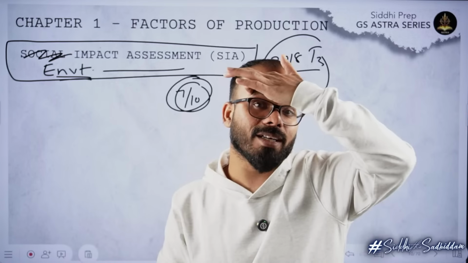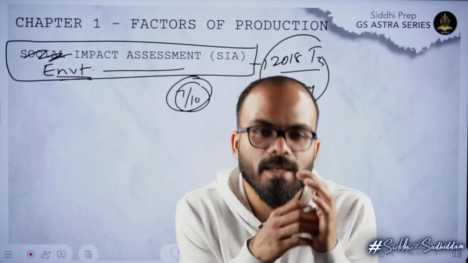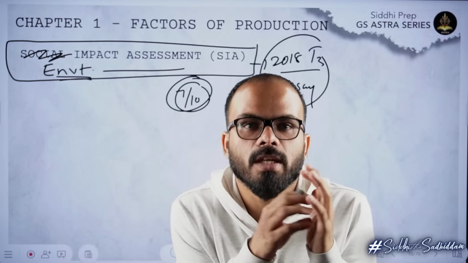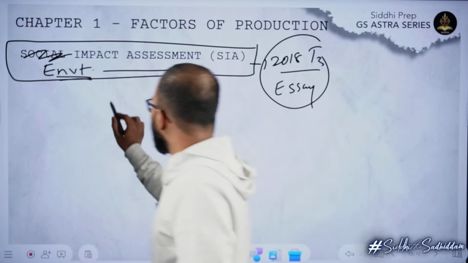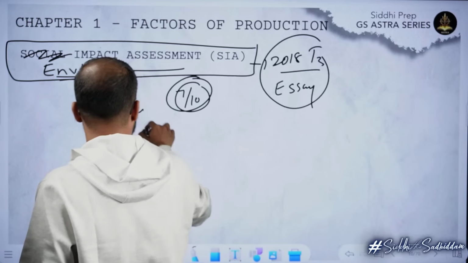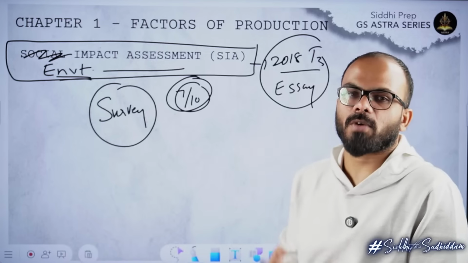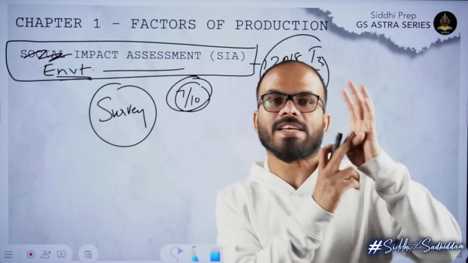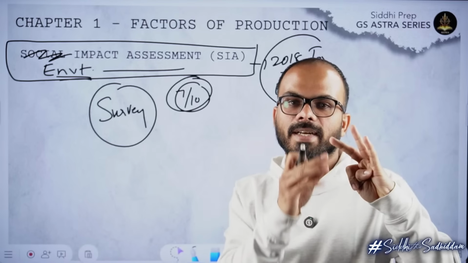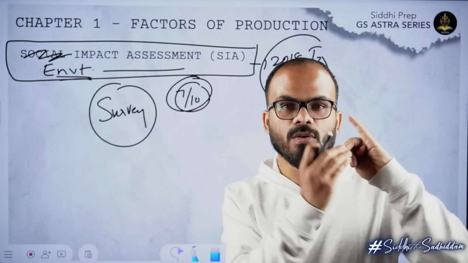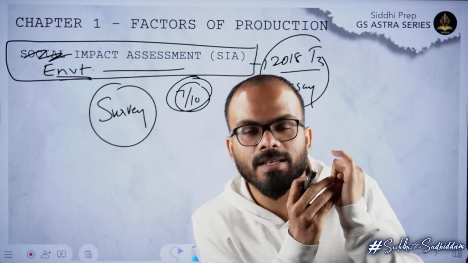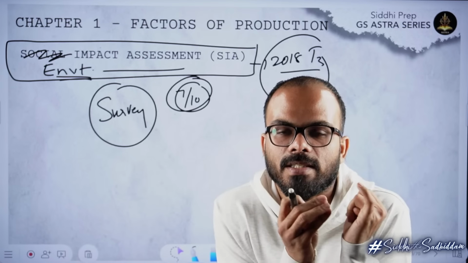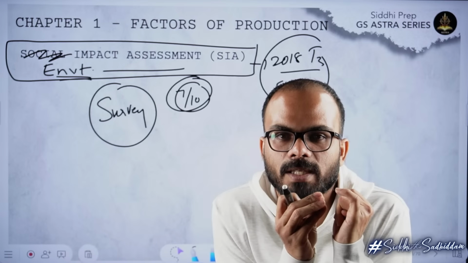But the point is, environmental impact assessment or social impact assessment is basically a survey. They will conduct a survey before the start of a project. They will see who will get affected, how can they be affected, how to protect them, how to ensure that they don't lose anything. Such a survey you call a Social Impact Assessment Survey.